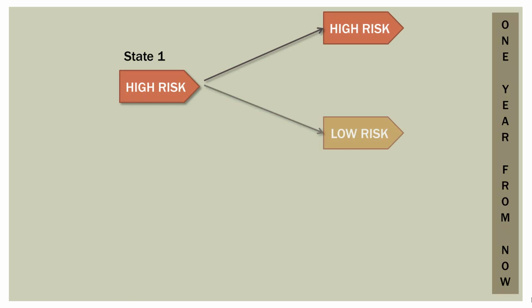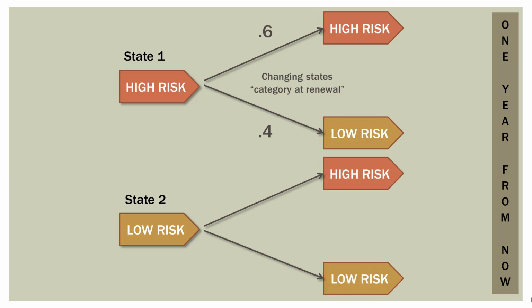Now we can set up a probability tree, which I'm sure you've done in your finite class. At this point, it looks like this. So someone can walk into our office and be put in the high risk category because they've had a ticket in the past year. So that would be up in the state 1 box there on the top left.